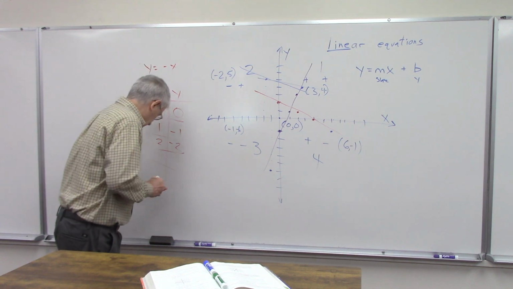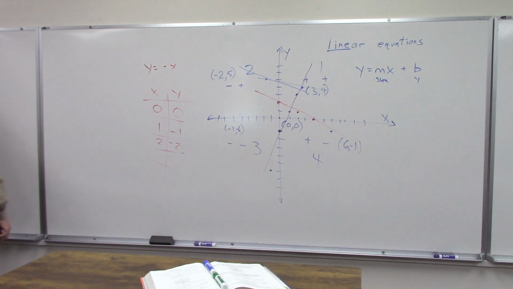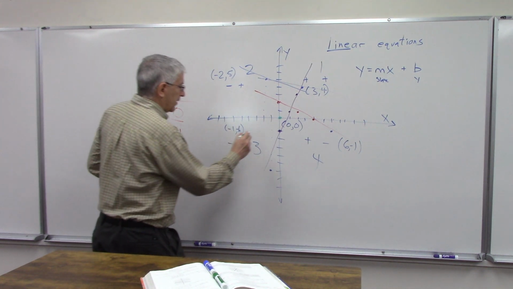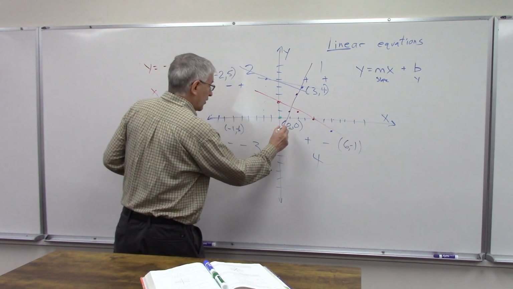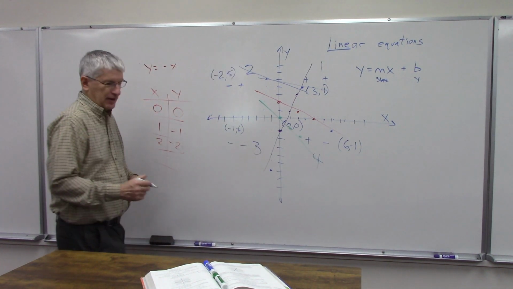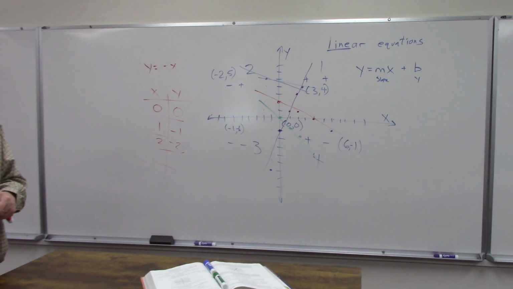So let's see, what other colors do I have here? 0, 0, 1, negative 1, 2, negative 2, and again you can see it if I connect the dots. I was never good at that.